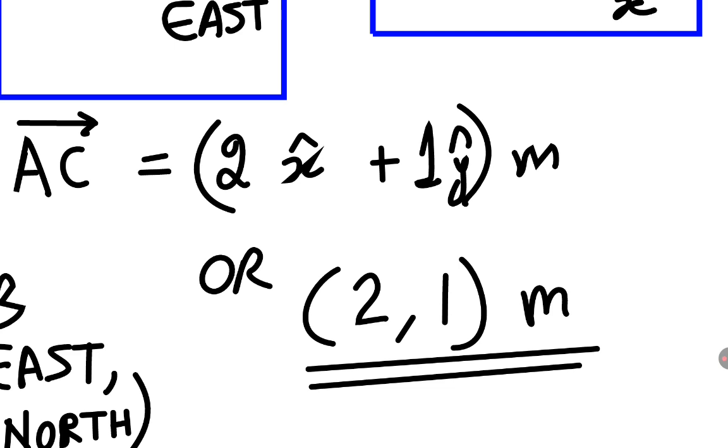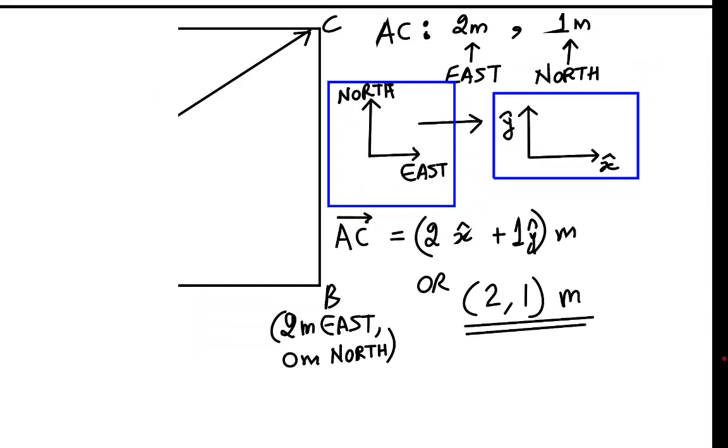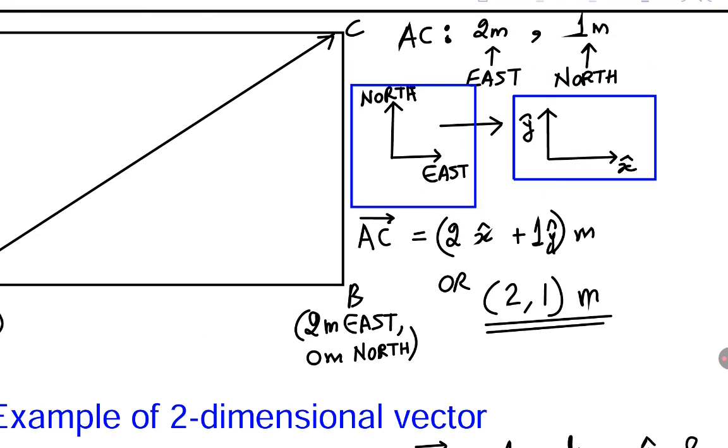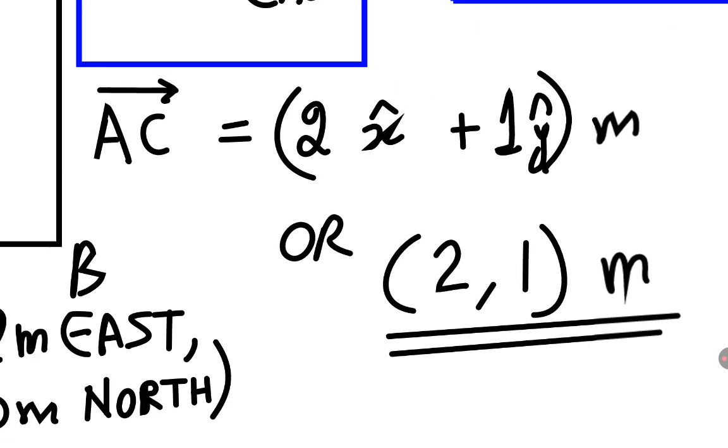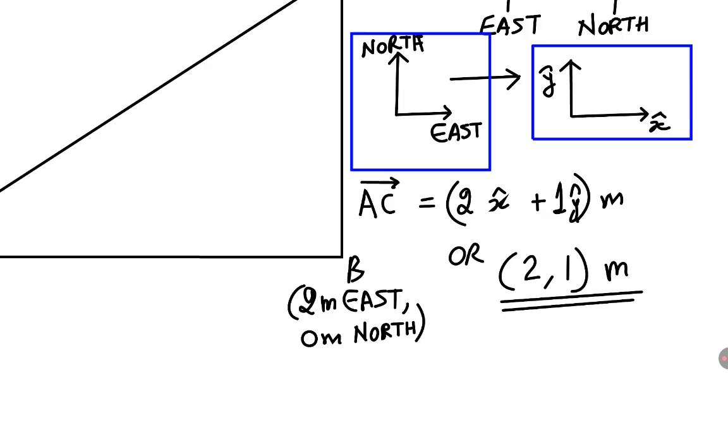The unit is very necessary to be mentioned. You should always take care to check your units. Since in our coordinate system on this plain paper we know which direction is x cap and which is y cap, we can simply write our AC vector as (2, 1) in brackets, and outside we write the unit, meters.